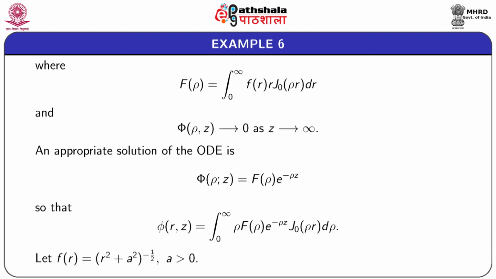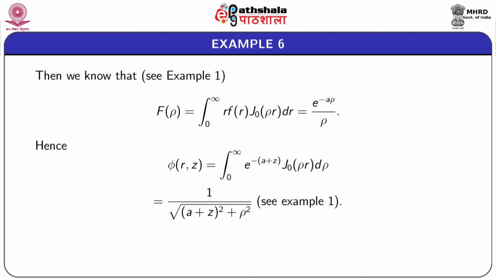Now, if f of r has the form root over r squared plus a squared to the power minus half, that is f of r equal to r squared plus a squared to the power minus half for a positive, then we know from example 1 that capital F of rho, the Hankel transform of the function small f of r, is the integral from 0 to infinity of r f of r J naught rho r dr, which is equal to e to the power minus a rho by rho.